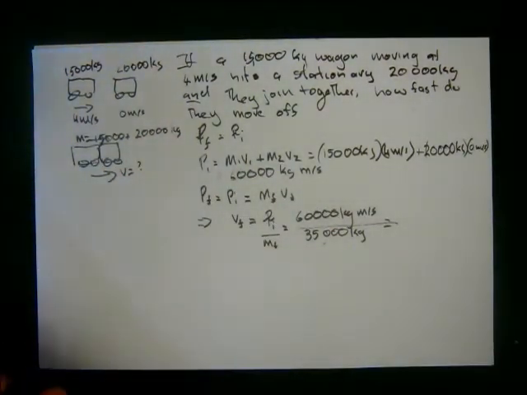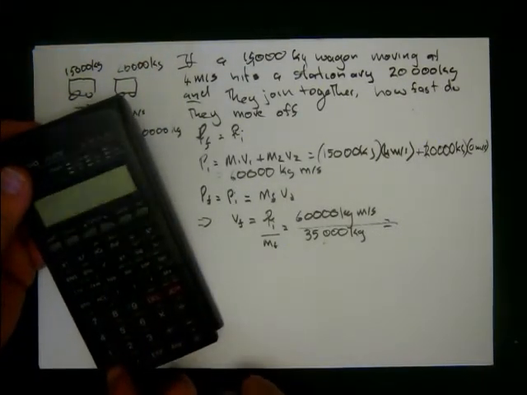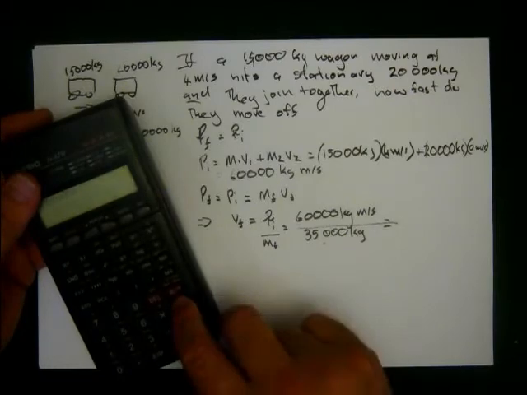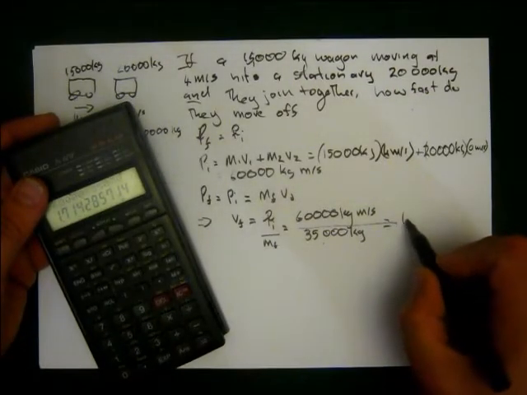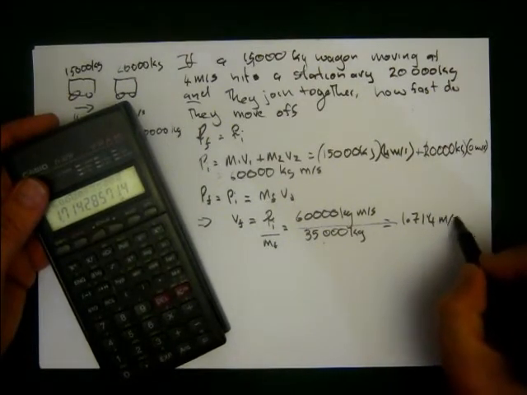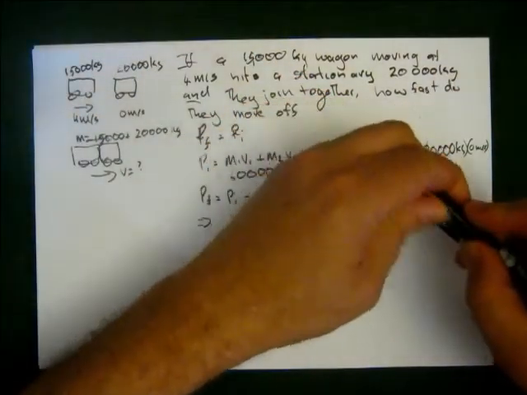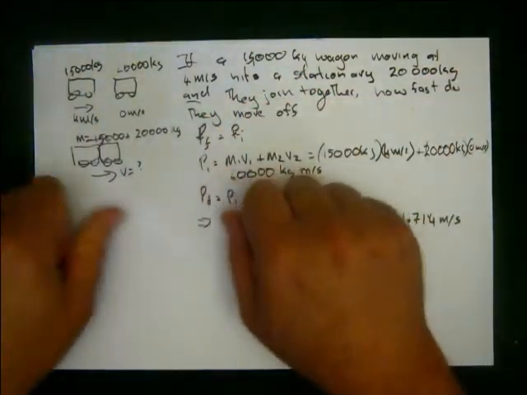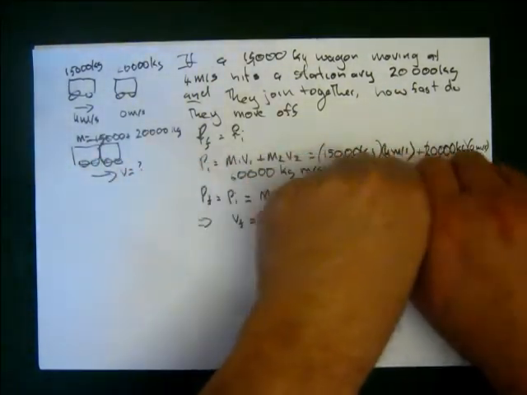We use a calculator at this point: 60,000 divided by 35,000 equals 1.714 meters per second. So wagon 1 comes along, hits wagon 2, and then they move off together.